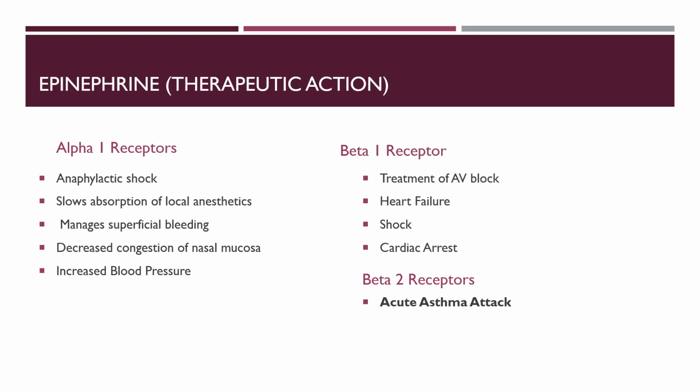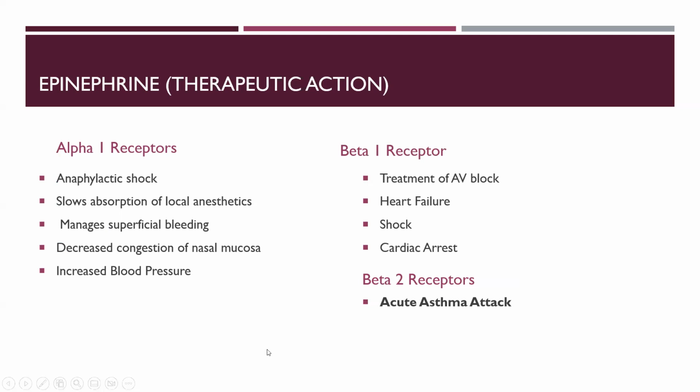So with it, these are some of our therapeutic actions. We've got our alpha-1: anaphylactic shock, slows absorption of local anesthetics. So what will happen a lot is in surgery, they'll say we're going to do lidocaine with like a dose of epi, because we don't want to give them too much lidocaine. So we're going to give it with epinephrine in order to slow some of that anesthetic.